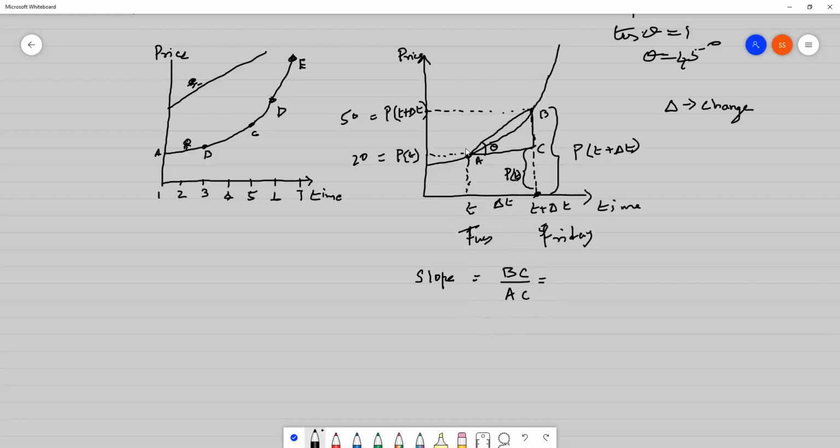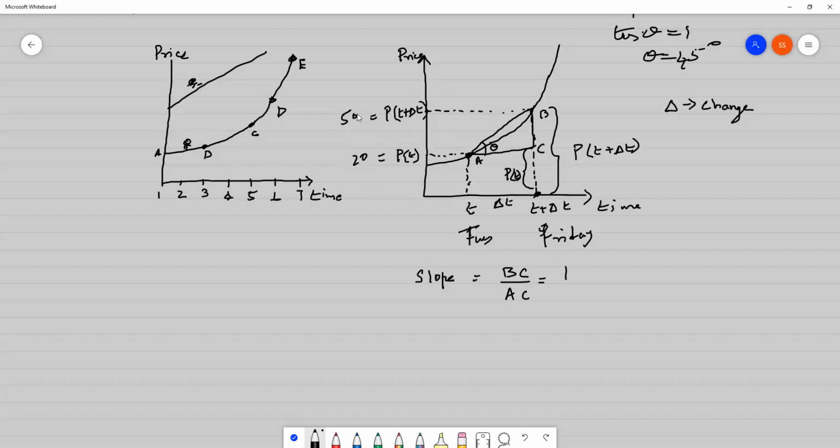In mathematics, this line is called a secant, or sometimes a chord. BC is P of T plus del T minus P of T, which is 50 minus 20, that is 30 rupees.